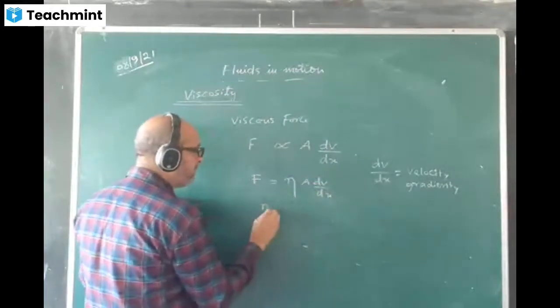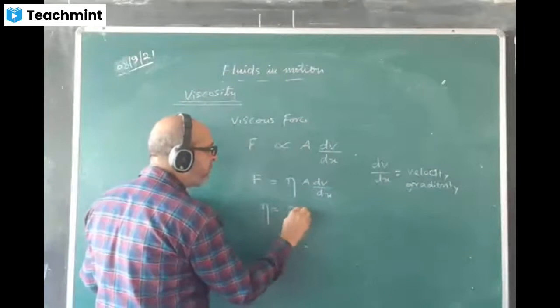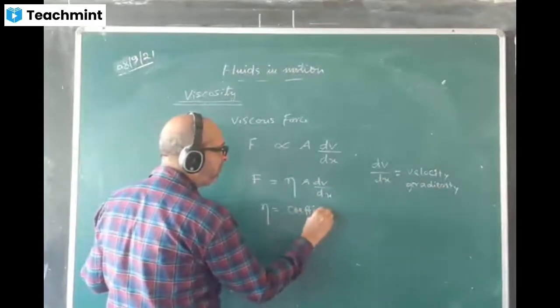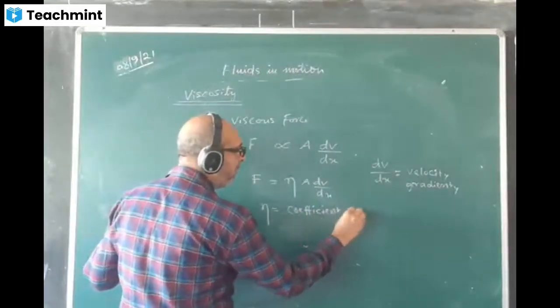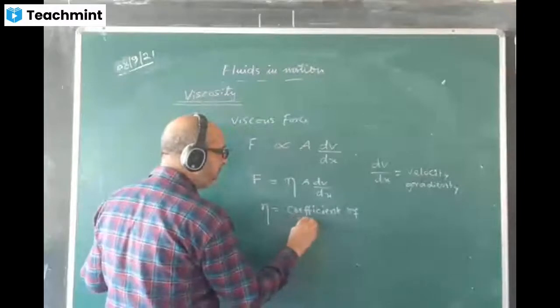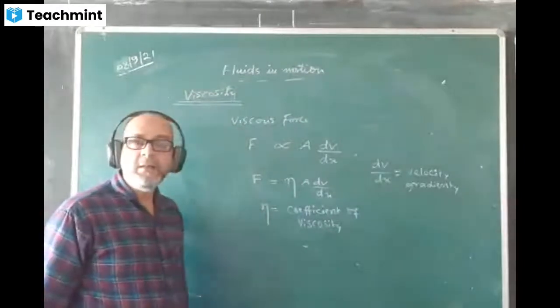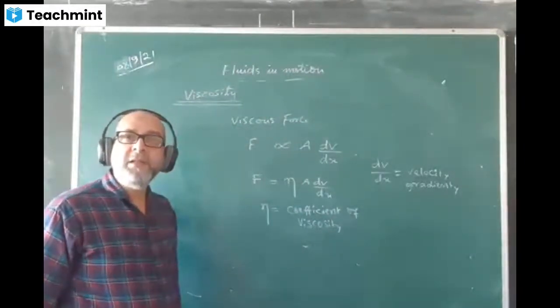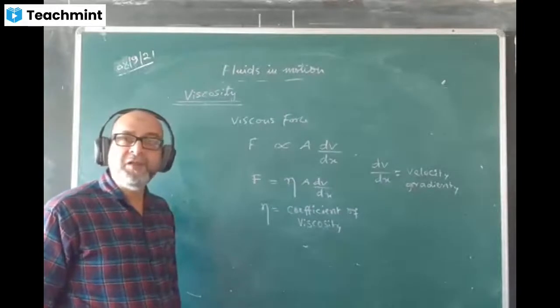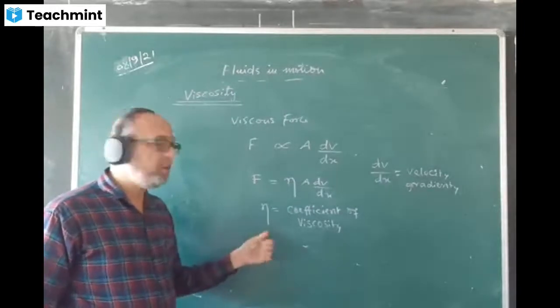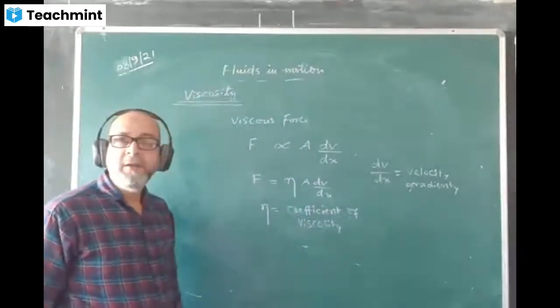This constant is known as the coefficient of viscosity. Please write down, coefficient of viscosity. This is read as eta. In class 10, we were using eta for efficiency, but now the same symbol is used for coefficient of viscosity.